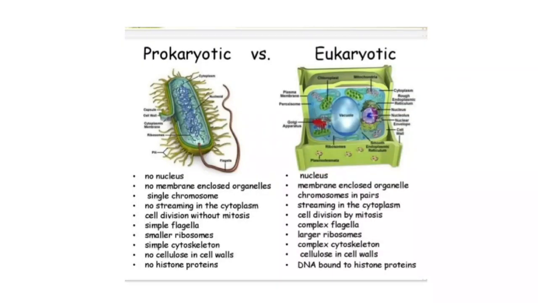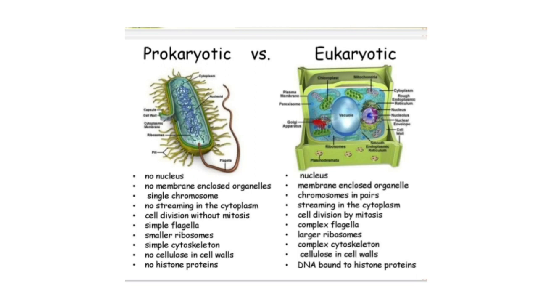Another main difference between these two cells is that prokaryotic cells have no membrane bound organelles, that is no membrane enclosed organelles, and eukaryotic cells have membrane bound organelles. Prokaryotic cells contain a single chromosome and in eukaryotic cells chromosomes are in pairs.